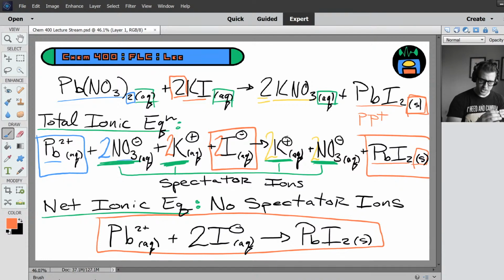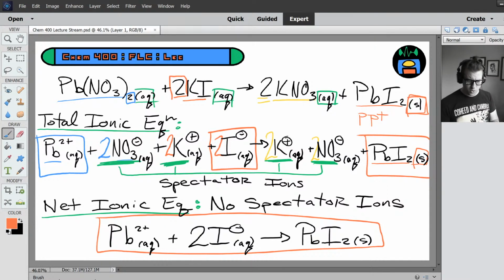The net ionic equation zeroes in on just the chemicals that are reacting, just the players, not the audience. All right? Okay. So that is the difference between a molecular equation, which is just a normal one, total ionic equation, and net ionic equation. All right?